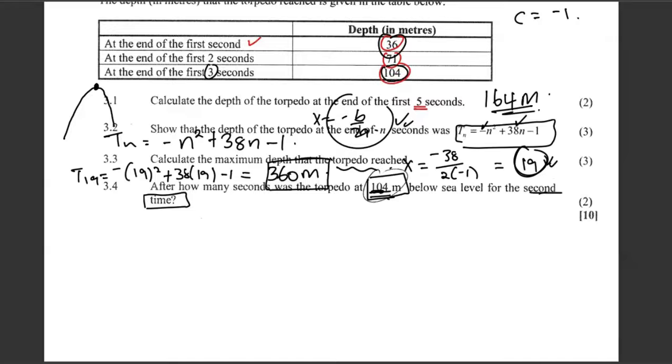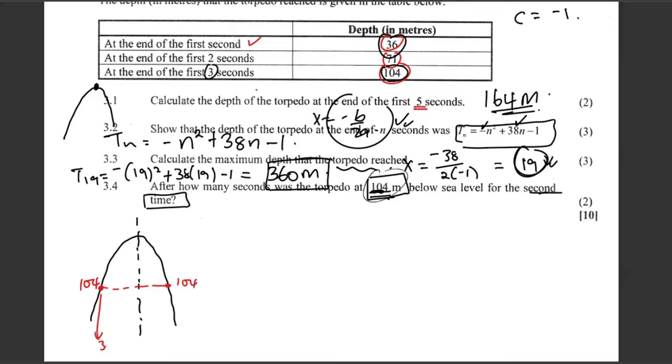Now the question is going to be, if we look at this as a parabola, I'm just thinking of a quicker way to get this without necessarily doing the substitution, because the marks simply are not enough. Okay, so if this is 104 after 3 seconds, which means we expect to have another 104 on this other side.